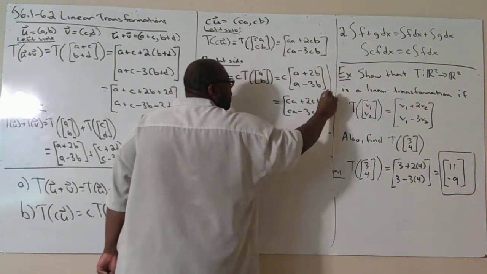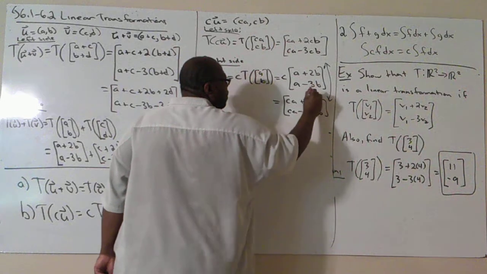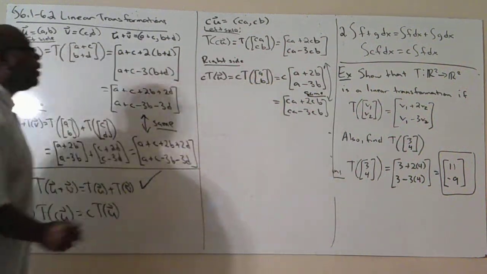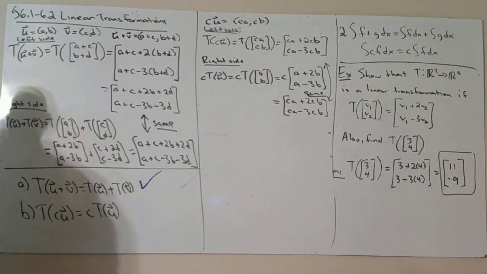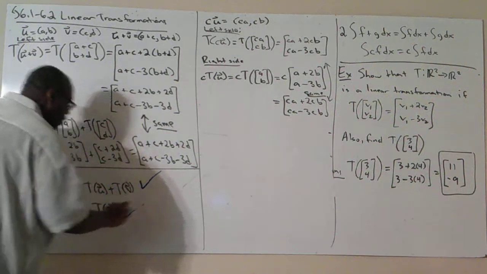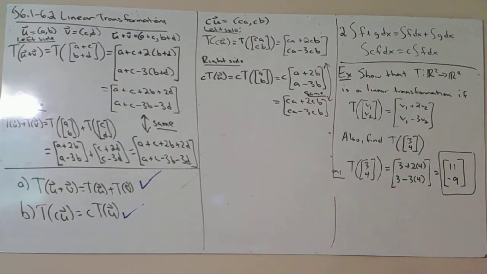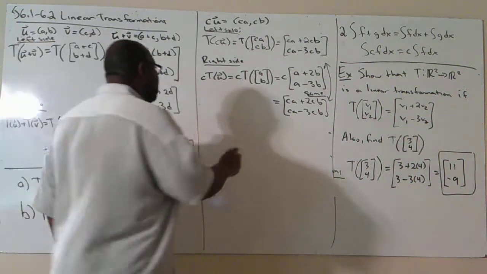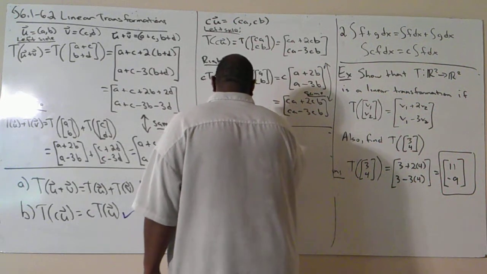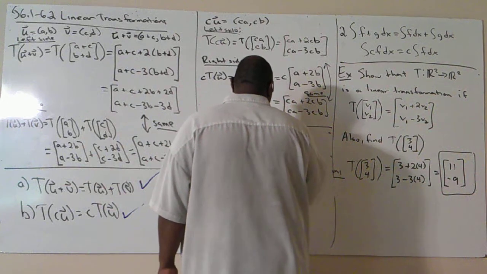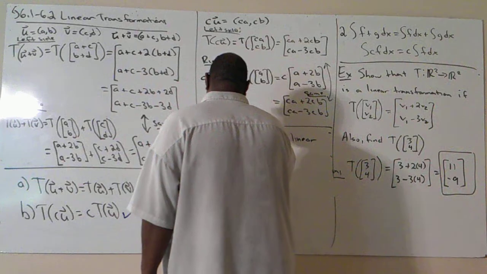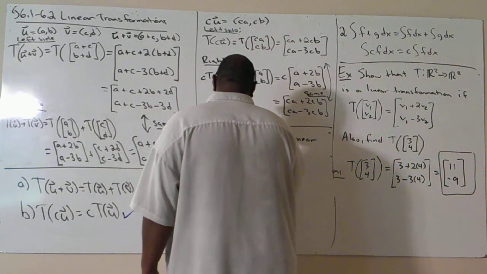And these, again, are the same between the left side and the right side. So this one also checks out. That means that T is a linear transformation. It's actually a linear operator, even more specific, but I wanted to show that it was a linear transformation.